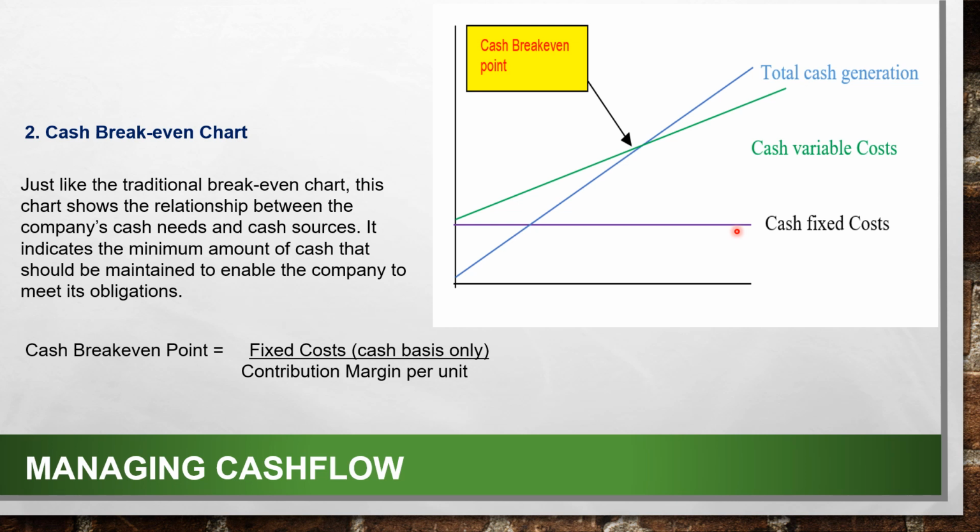This is the minimum cash that should be maintained to enable it to meet its obligations. So it already covers the fixed cash needs and the variable cash needs. Just like the break-even point, the formula would be fixed cost, on a cash basis only, divided by contribution margin per unit.